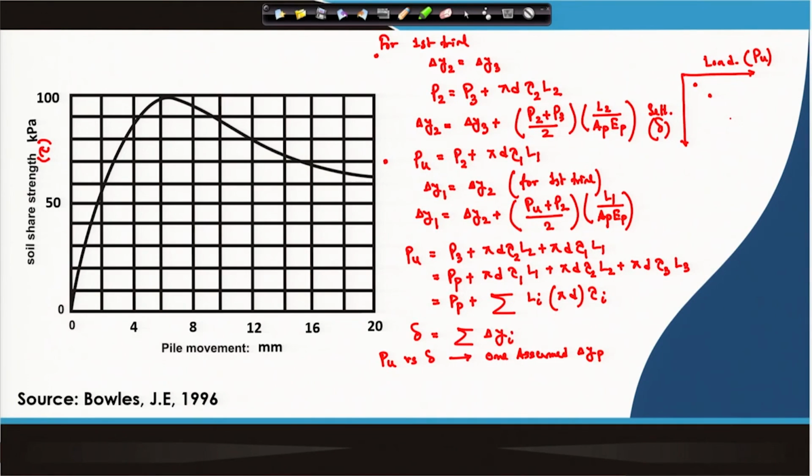So, this way we can generate a load versus settlement plot theoretically, but remember that in this method we have to take the help of this particular graph. Okay. So, in the next class I will discuss another approach which is called elastic approach. So, I will discuss how by using elastic approach also we can generate theoretically the load settlement curve of pile up to failure also. Thank you.